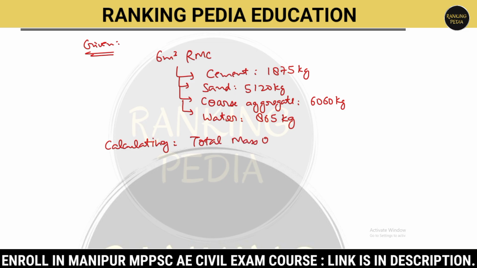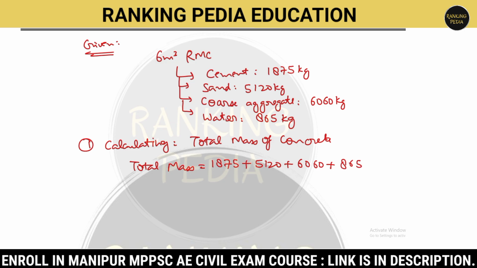Total mass equals mass of cement, plus mass of sand, plus mass of coarse aggregate, plus mass of water per batch. What value will we get? 13,920 kilogram is the total mass of concrete.